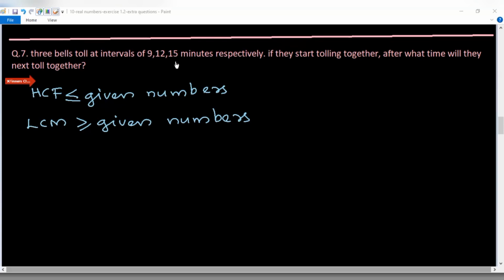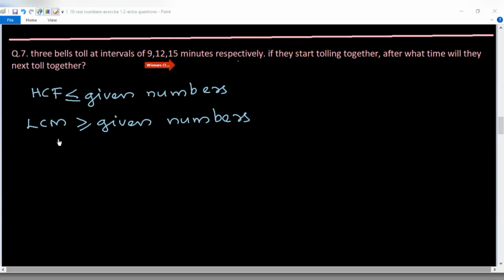No, because if it is less than the given numbers, the third bell won't toll at all, because third bell will toll at 15 minutes. So at least 15 minutes should be there, right, to make them toll together. So that means we are searching for a number as the answer which is greater than or at least equal to the given numbers.